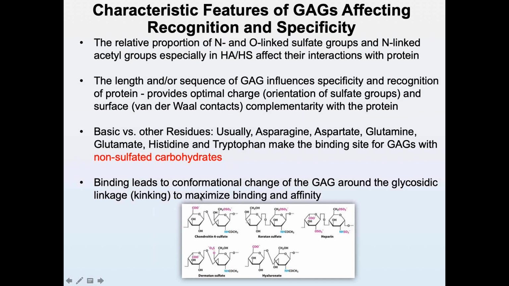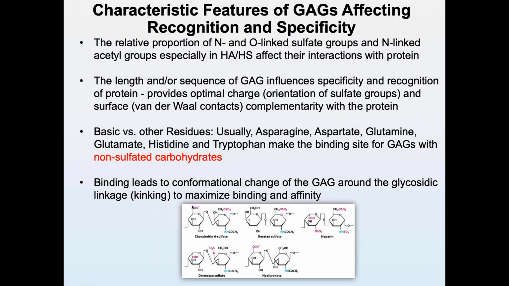And one thing very important: once the GAG binds, there has to be a conformational change in the GAG, which is located at the glycosidic linkage. So this conformational change occurs at the glycosidic bond, which allows the GAG to maximize binding and affinity.